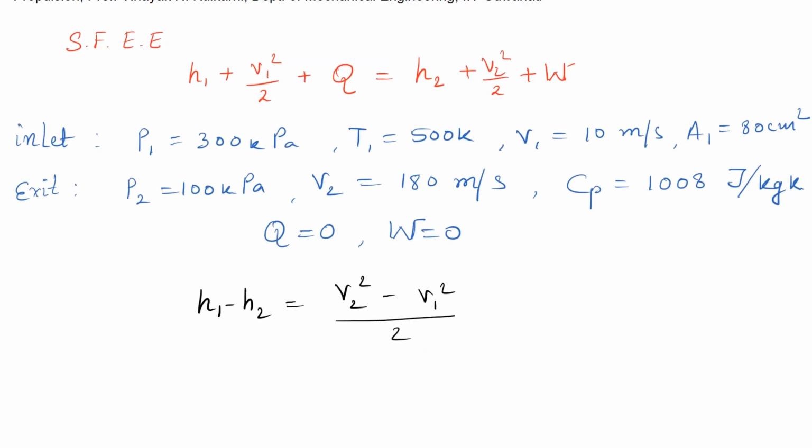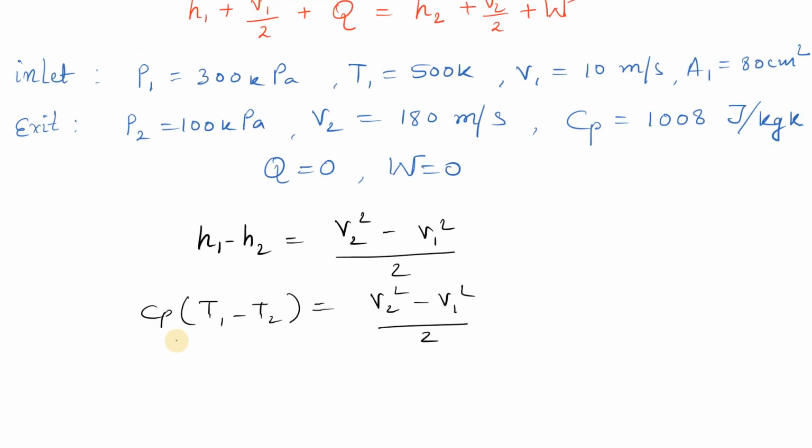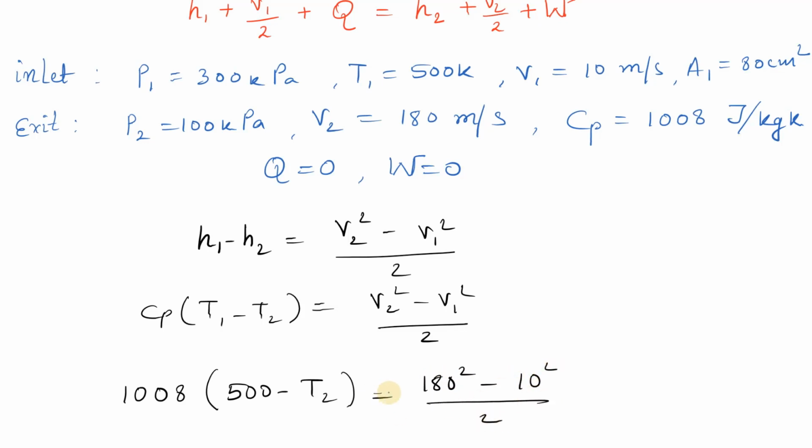Enthalpy we can also write as Cp times T1 minus T2 is equal to V2 square minus V1 square upon 2. Now let's substitute the values and get the result. Cp given is 1008, T1 is 500, T2 we need to find out, exit velocity is 180 and inlet velocity is 10, divided by 2.